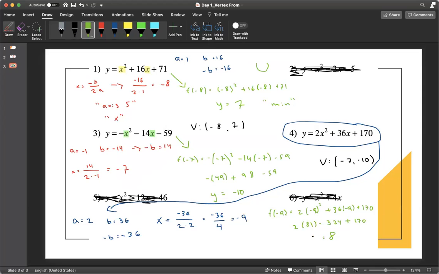So this is equal to our y value, which means my vertex is a negative 9, 8.